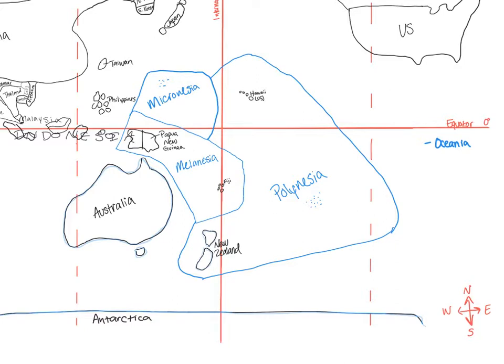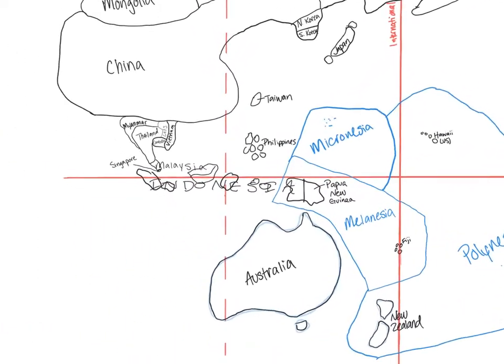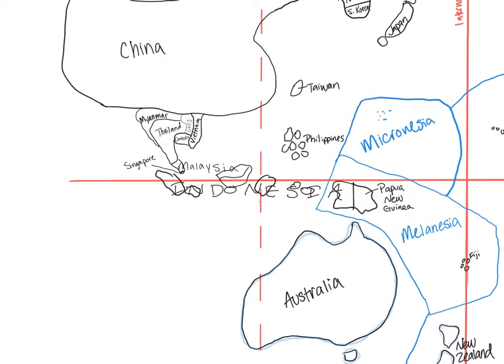We're going to do green for Southeast Asia. And Southeast Asia included this big chunk right here. Papua New Guinea and Indonesia are all of these islands. Philippines. Okay.